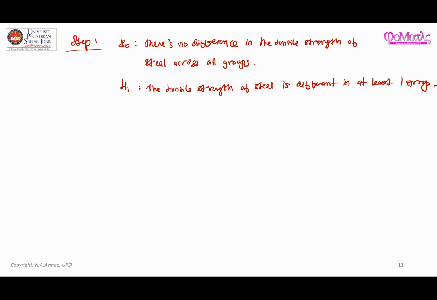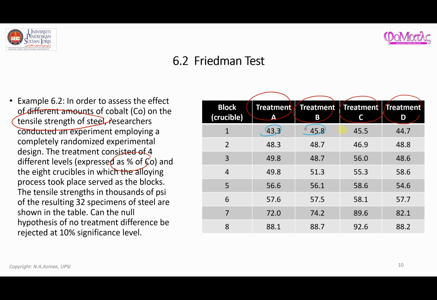Those are the hypothesis statements. The keywords here: no difference for all groups, different in at least one group, and whatever the question is asking you to find, or whatever the data is all about. The data here is about the tensile strength of steel.